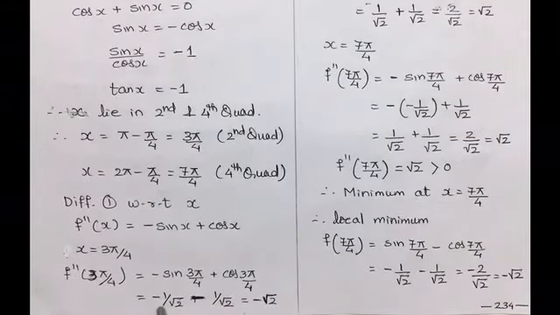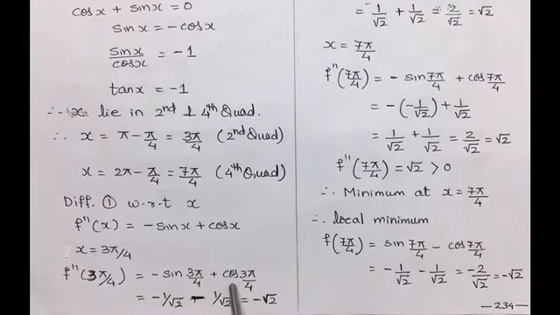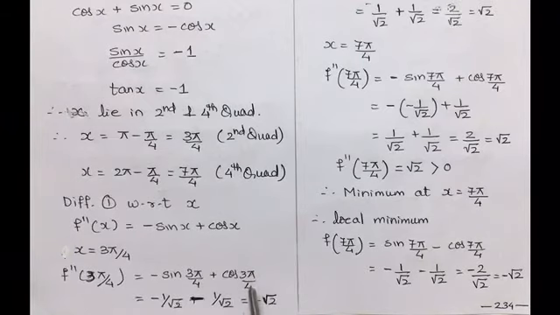The negative sign remains as it is. Cos in the second quadrant is negative, hence cos 3 pi by 4 gives us minus 1 by root 2. Calculating this as minus 2 upon root 2, we get the answer as minus root 2.